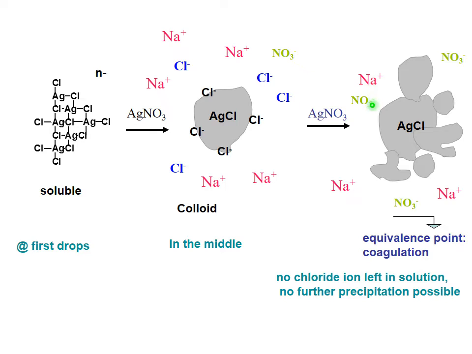Now what's left in solution? It's sodium ions and nitrate ions. This process of forming precipitate from colloid we name coagulation. No chloride left in solution, no further precipitation is possible.